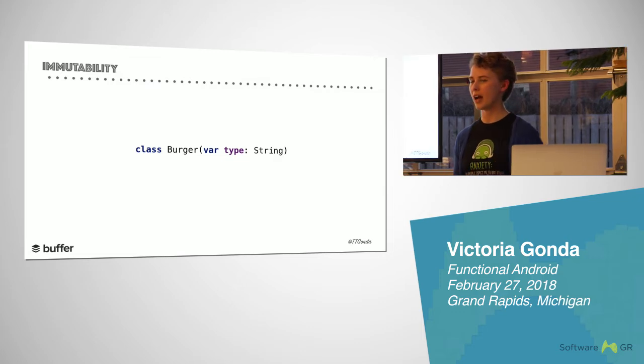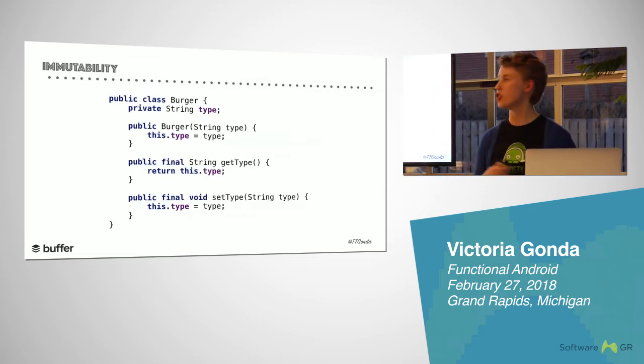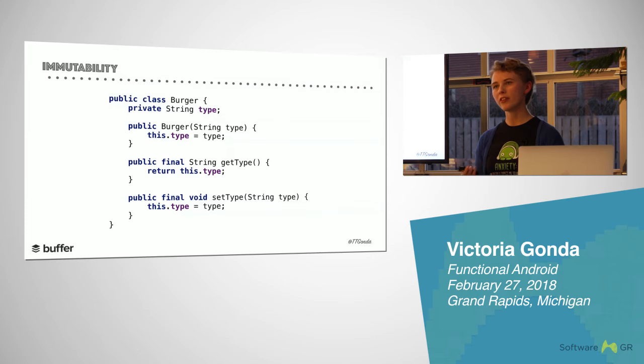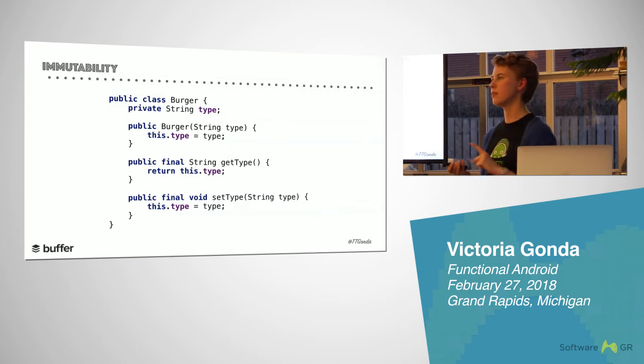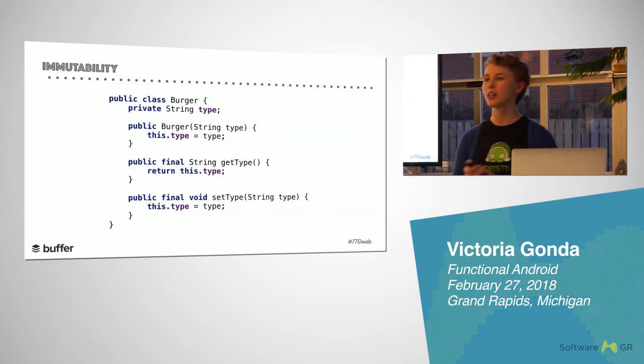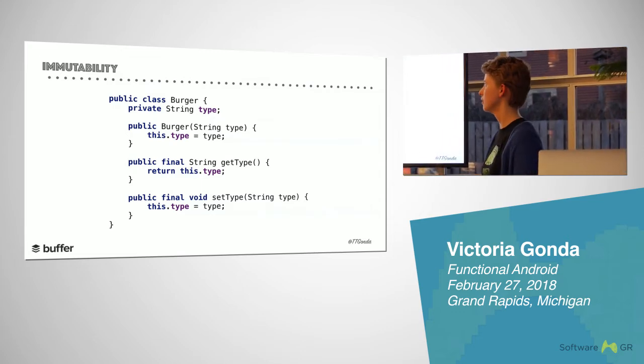Just to give you a little bit more context, I'll show you the equivalent in Java. So we have our burger, we have a field with the type String. And then we're setting that type in the constructor. And then we have a getter and a setter for that type. This setter is what really makes the difference in this case.